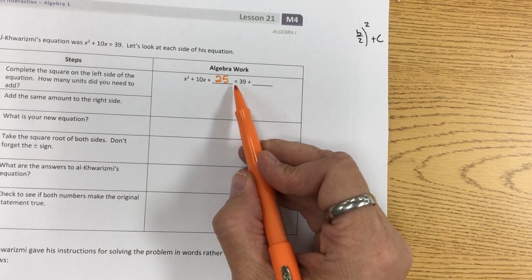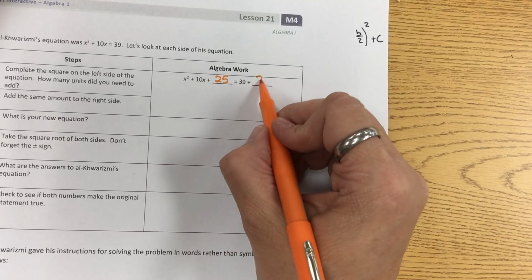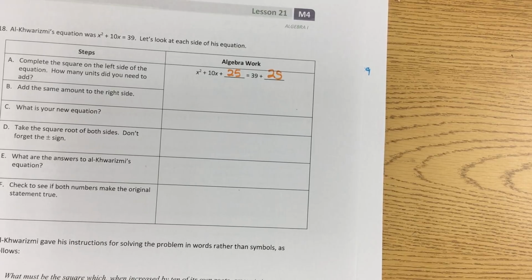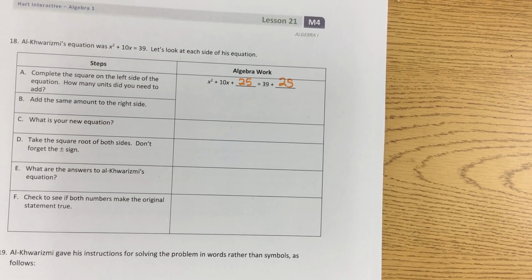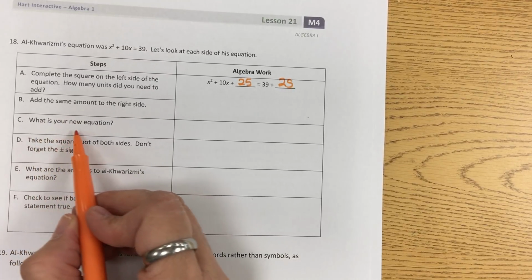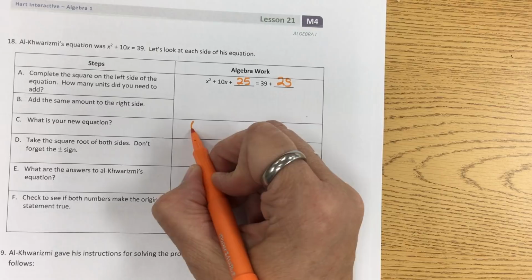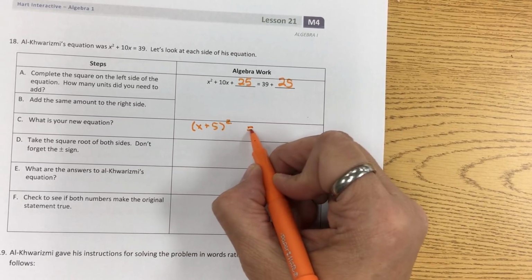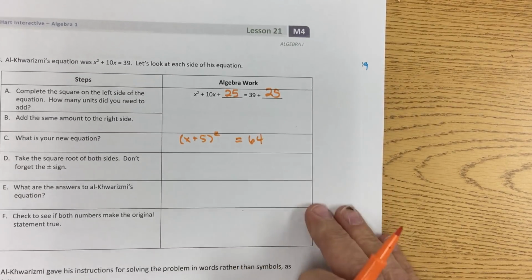Now we've talked repeatedly about the fact that if you do something to one side of the equal sign, you must do it to the other side of the equal sign. Then it says down here, what's your new equation? So we just learned that we can write that as x plus 5 all squared equals, well, that's going to come out to be 64.